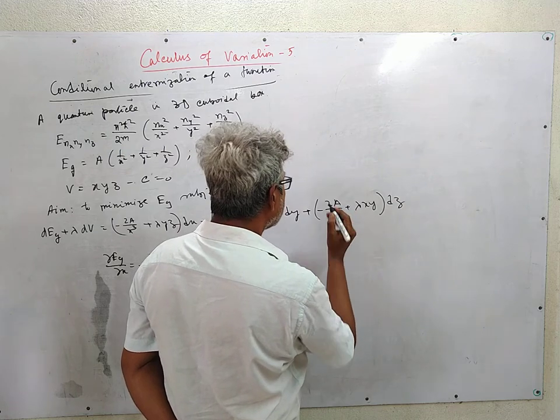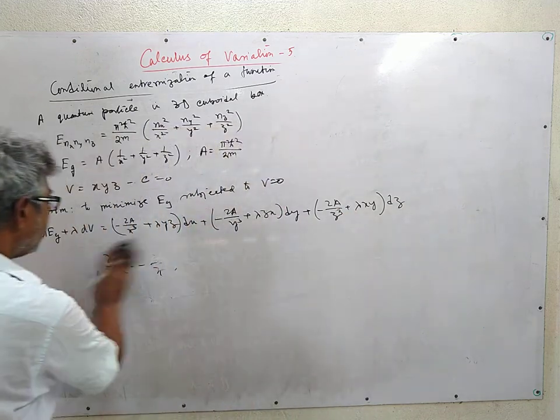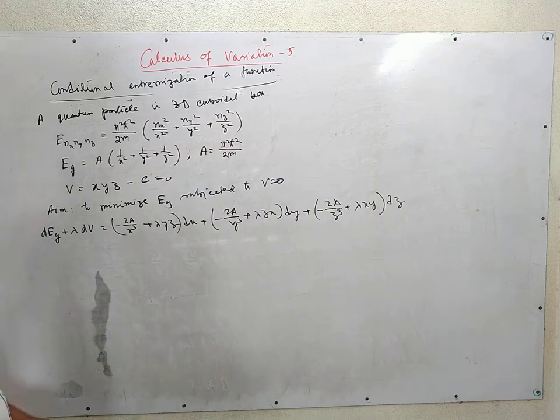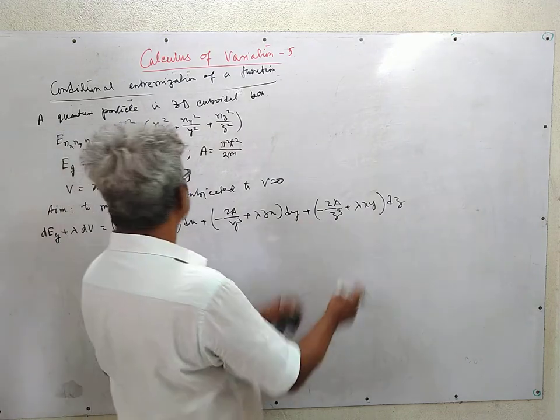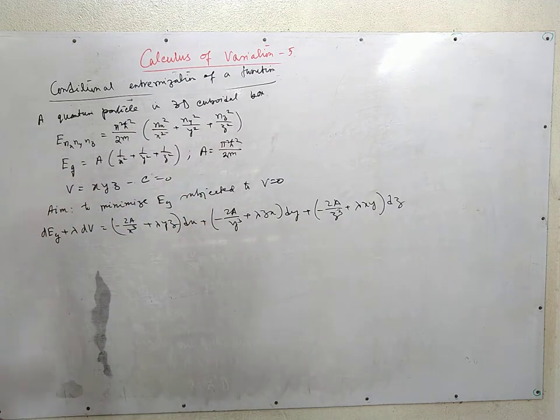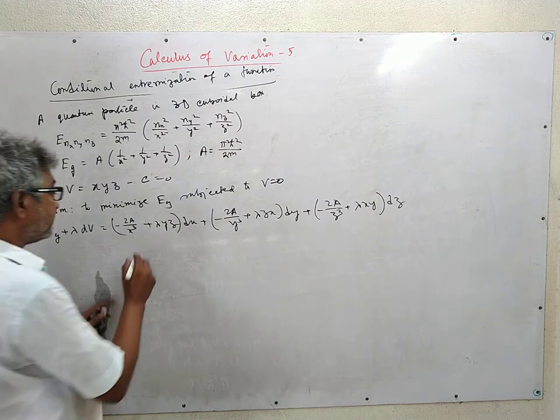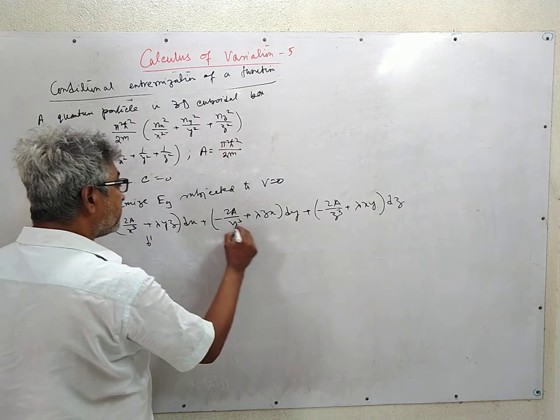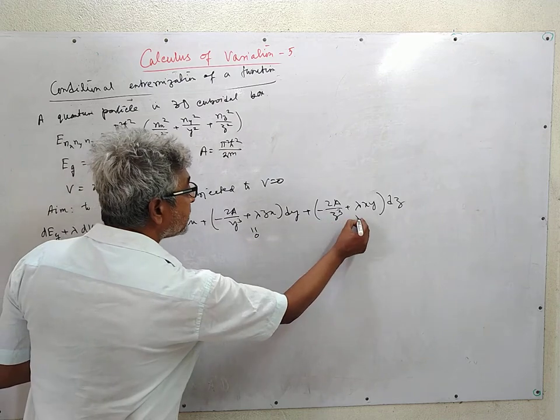So there are four unknowns. These are the three conditions, and this is the fourth condition. We set each one of them to 0 as per Lagrange's prescription.